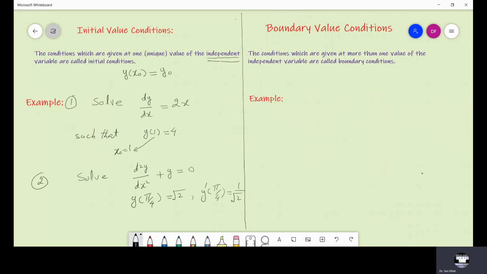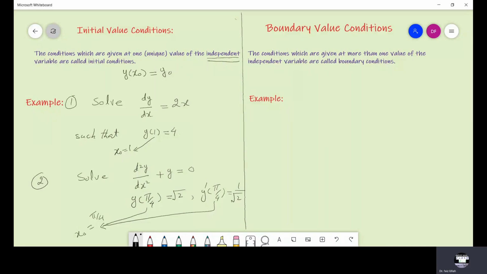Now we can see that there is only one value of the independent variable, x naught is equal to pi by 4. So these conditions are called initial conditions.